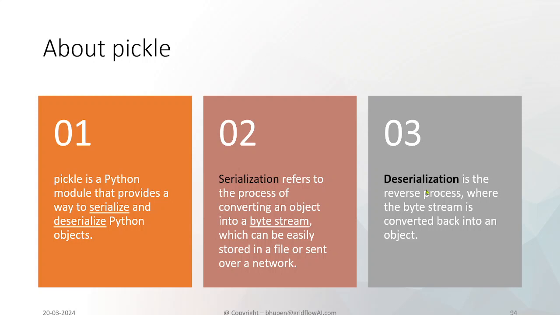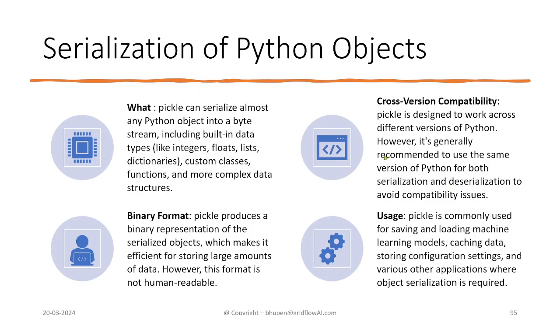The opposite process is deserialization. Make sure we have a proper check on the version of the pickle library. Although it can work across versions, it's good practice to ensure consistency of the versions used for serialization and deserialization.